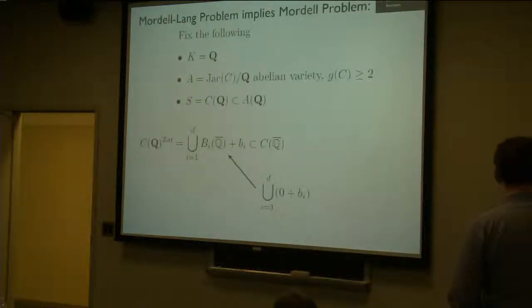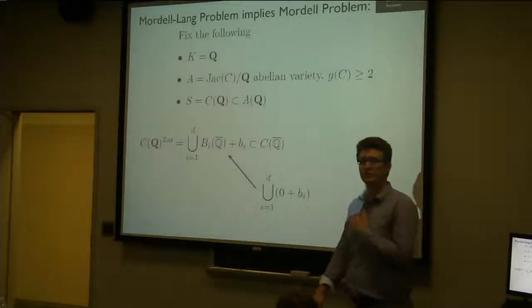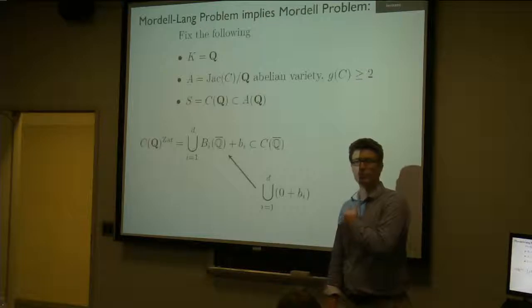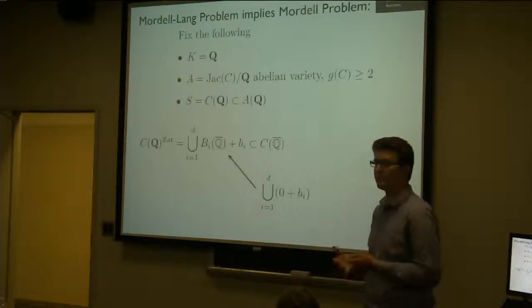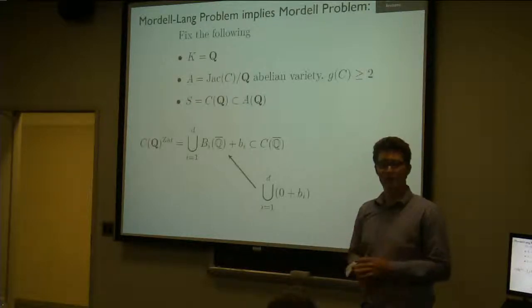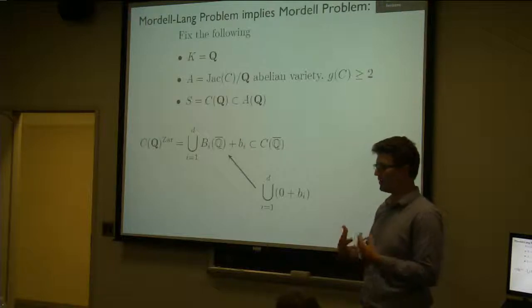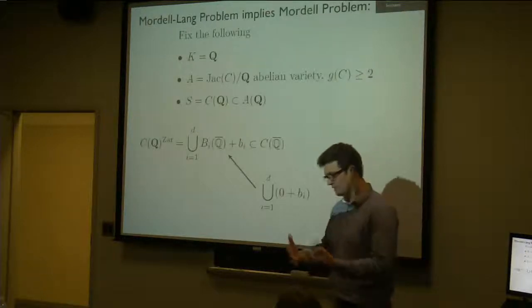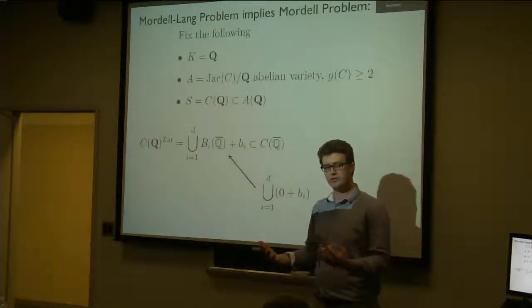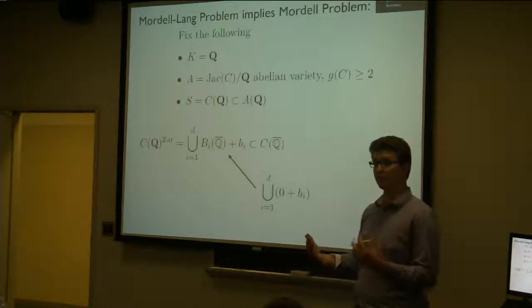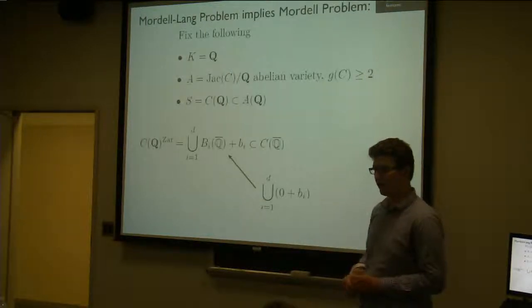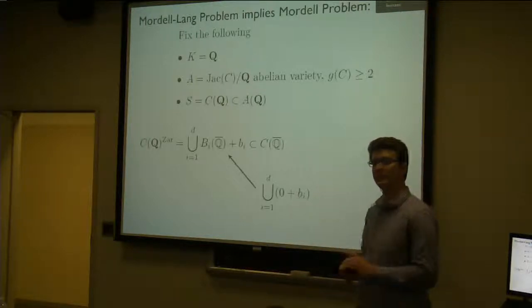Okay, so now I'm going to explain how this Mordell-Lang problem implies the Mordell conjecture, or the Mordell problem. So I had this statement about configurations: when you have this subset which is contained in a finitely generated group, or a finite rank group even, then the Zariski closure of that set is going to look like a set of configurations.